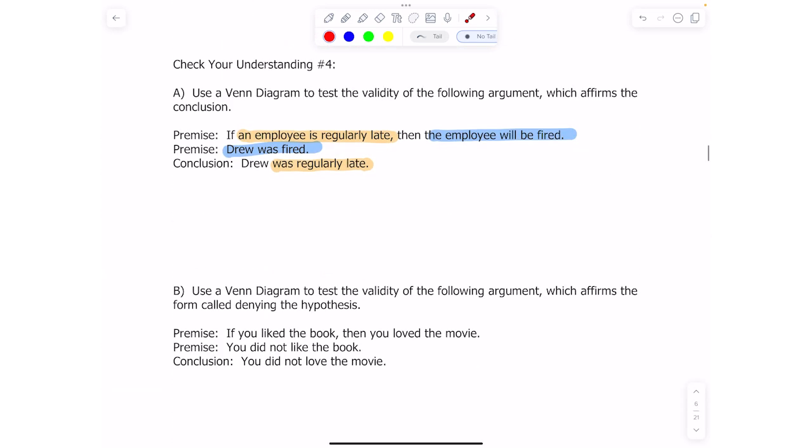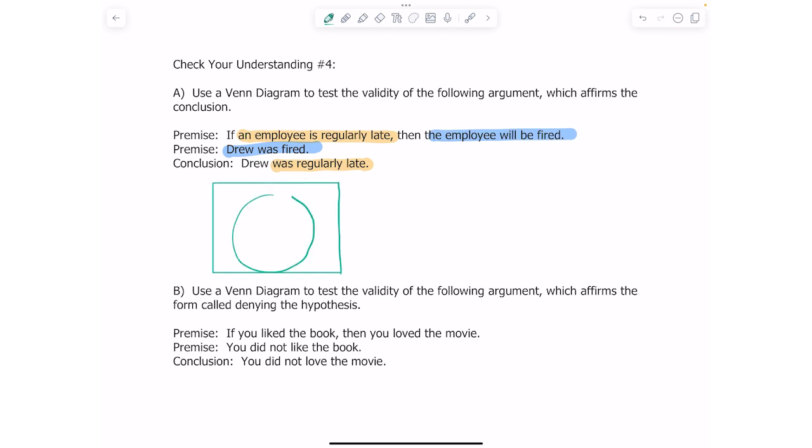Okay, let's see why. So if I make a Venn diagram, think about what your larger set is going to be, and then what your smaller subset is going to be. Let's try that again.